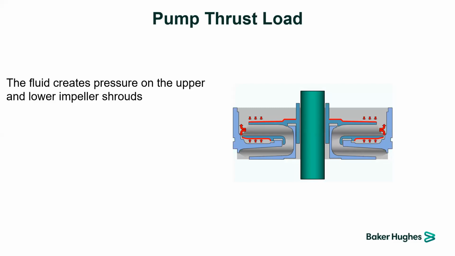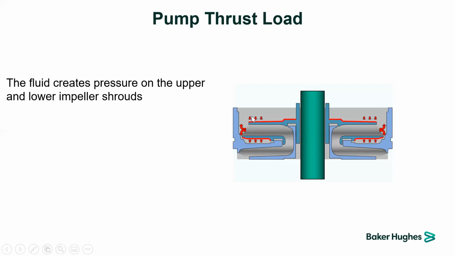Okay, the surface area for the upper shroud is larger than the surface area for the lower shroud. Everyone is already aware what shroud means, upper shroud and lower shroud, we already explained on the impeller and diffuser component. The top part is the upper shroud, and the bottom part is the lower shroud.